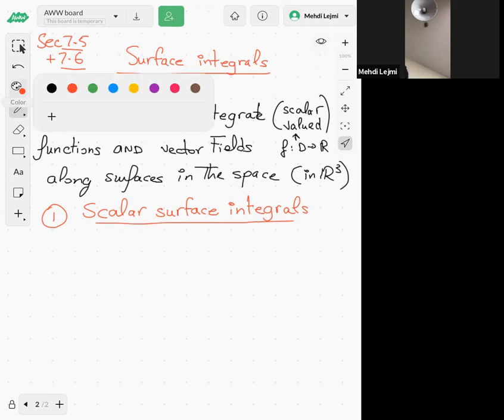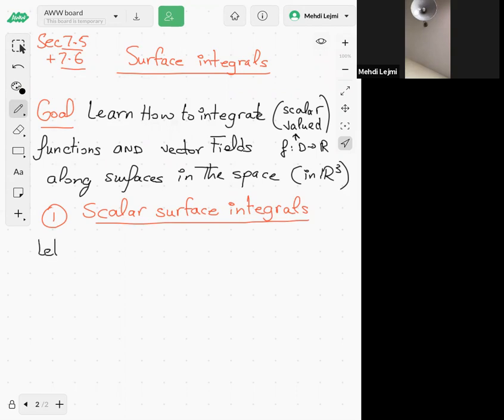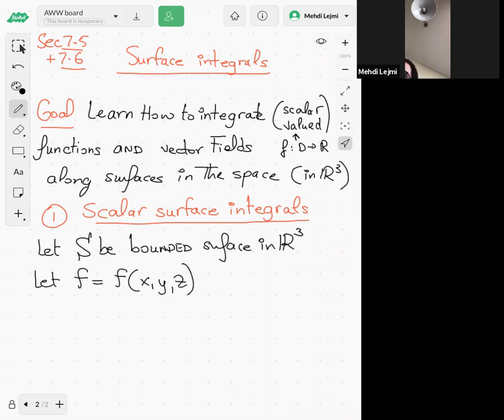Let's say you have some bounded surface S in R3, in the space. And let's say you have some scalar valued function f, a function of three variables x, y, z.